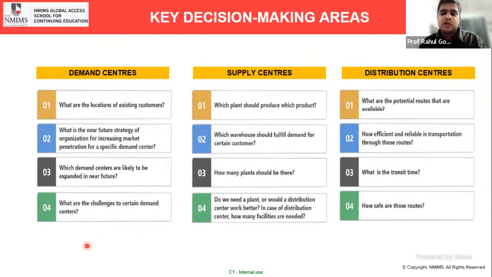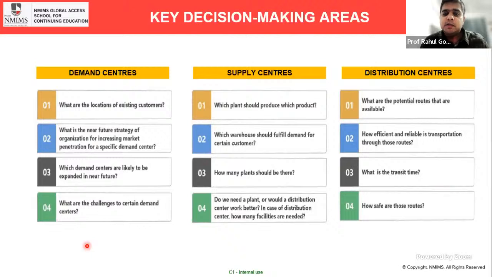So we had seen in the case of inventory management, right? We used inventory classification, we used safety stock calculation, we used the economic order quantity calculation to answer decision questions like what to order, how much to order, when to order, right? And what kind of inventory policy framework we should have.